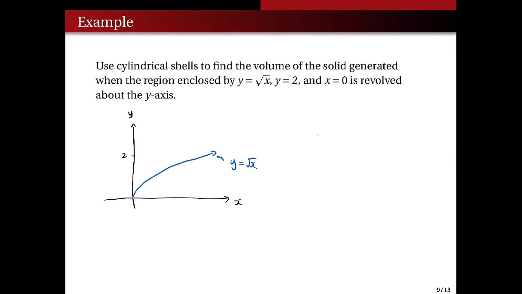And of course, x equals 0. x equals 0 is just your y-axis. So this is the region. This guy here, it's our region. We want to revolve this about the y-axis.